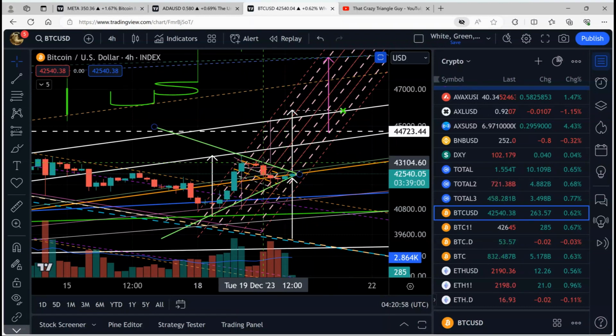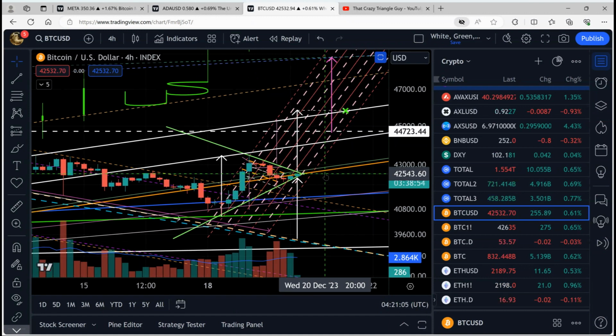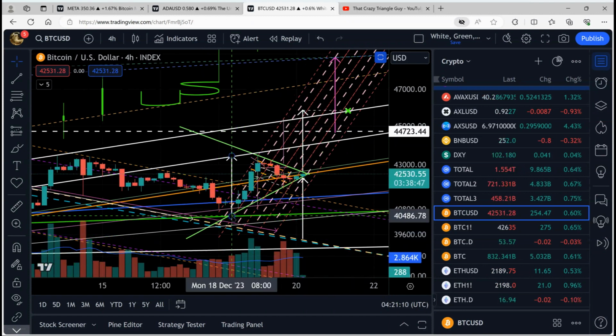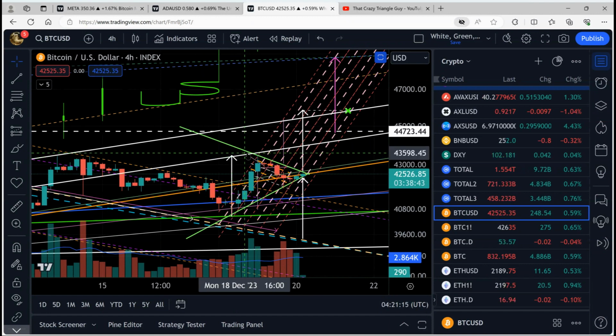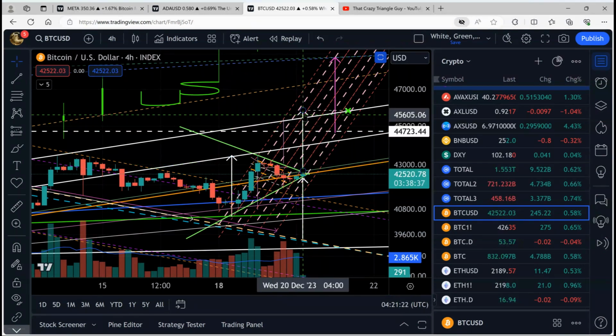We have lots of contact points there. So that's all I have to say about that. Now the target I measured is from where we wick down to the top of the green parallel channel and up here to the top of our bull flag pattern. So I used that and I placed that right here.